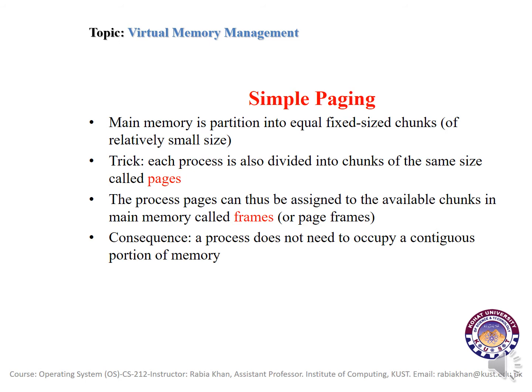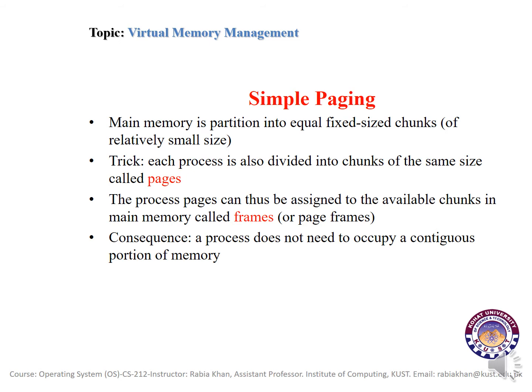And every chunk is known as a page. As you have noticed that all the pages of your books are of same sizes. Similarly, all the pages of a process are also of same sizes.